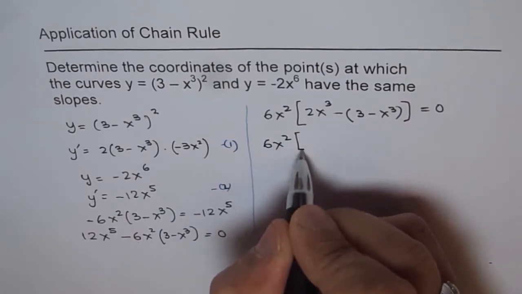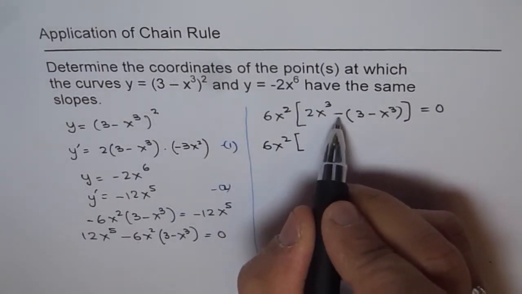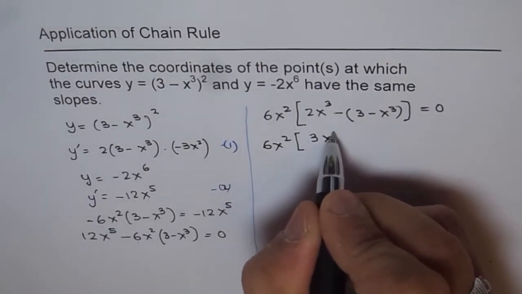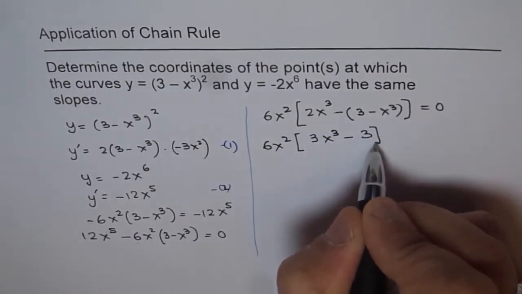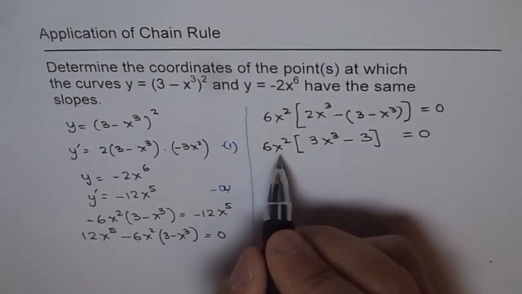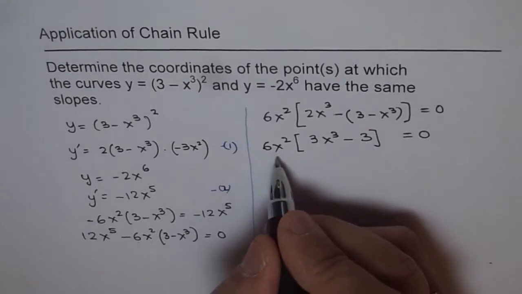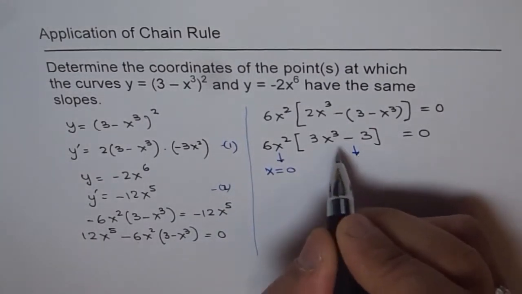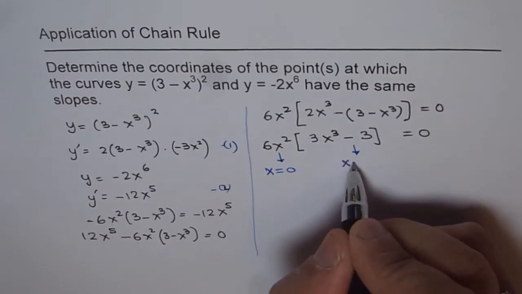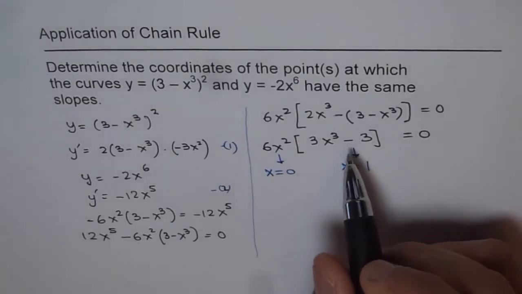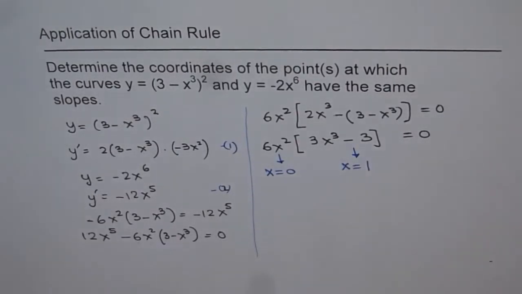We get 2x cubed, and minus minus x cubed becomes plus x cubed, so we get 3x cubed minus 3 equals 0. Now this equation will be 0 if x is equal to 0 from the first factor, or from the second factor x equals 1. So these are the two x values of the coordinate points which will ensure that the slopes are the same, right?